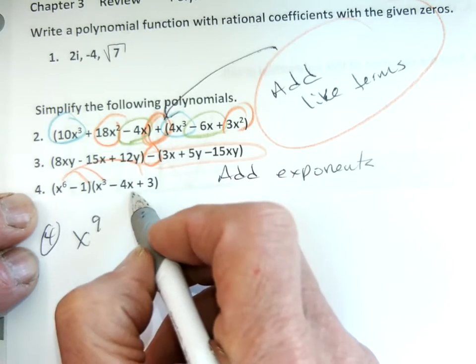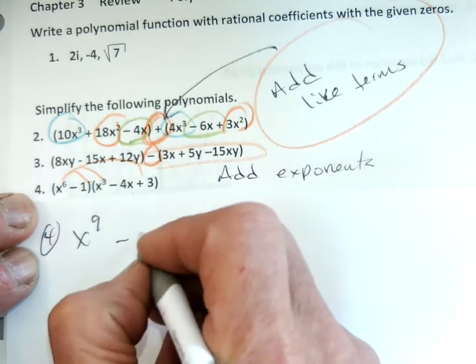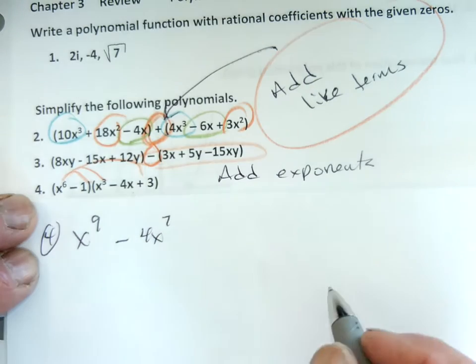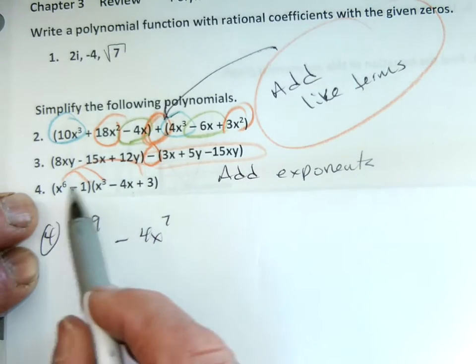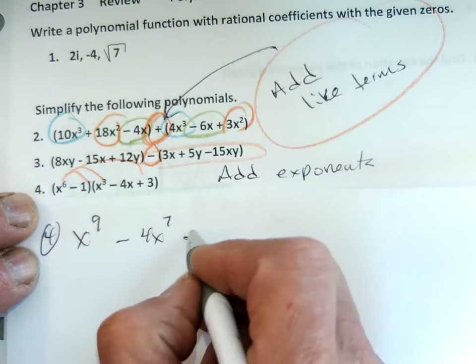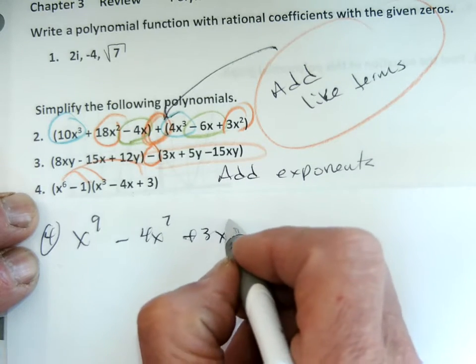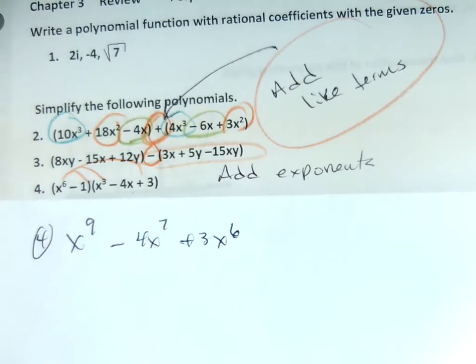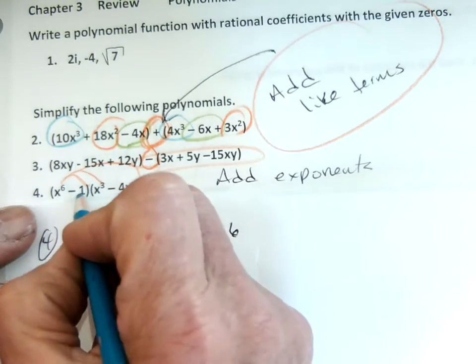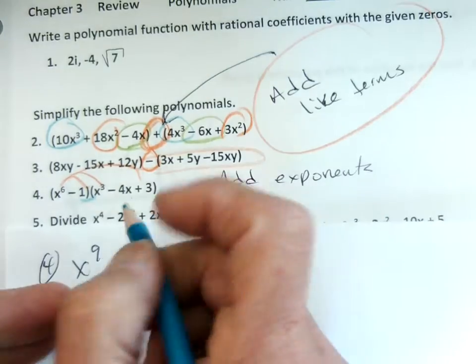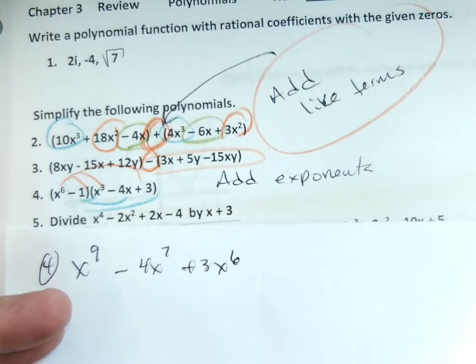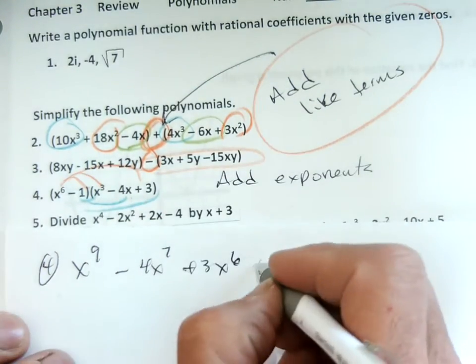x to the 6th times negative 4x is a negative 4x to the 7th. x to the 6th times a positive 3 is a positive 3x to the 6th, okay? Then, negative 1 times x cubed is a negative 1x cubed.